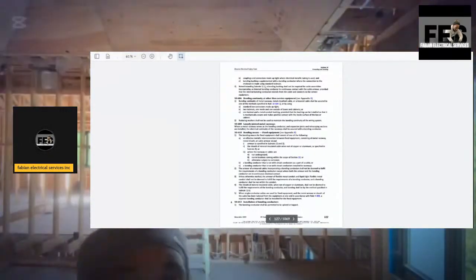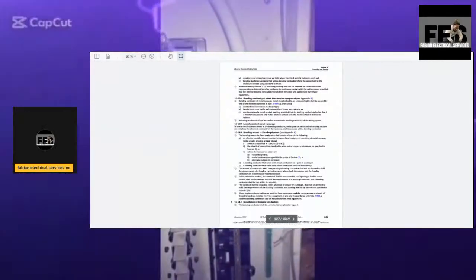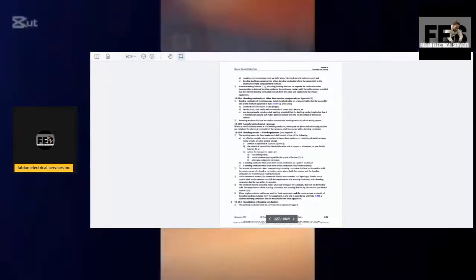Reducing washers shall not be used to maintain the bonding continuity of the wiring system.